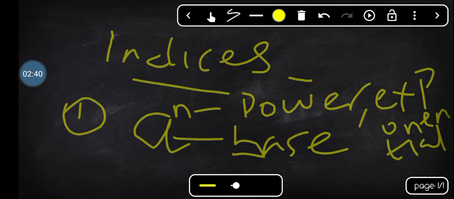The a is the base, the n is the power, but you call it exponential.